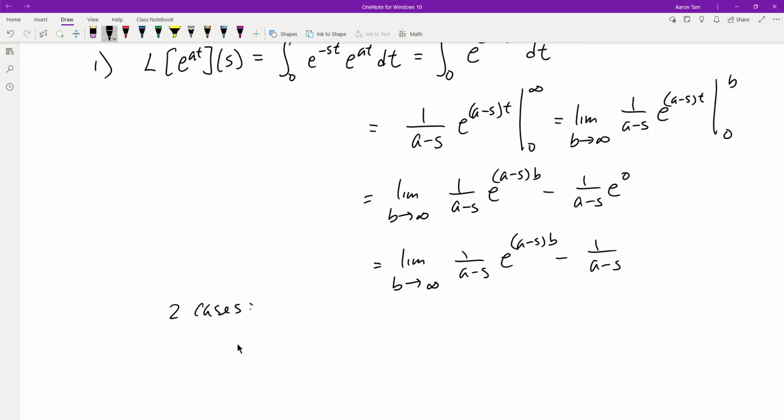First case, if a minus s is greater than 0, then the limit as b approaches infinity of e to the (a minus s)b approaches infinity, and this improper integral diverges.